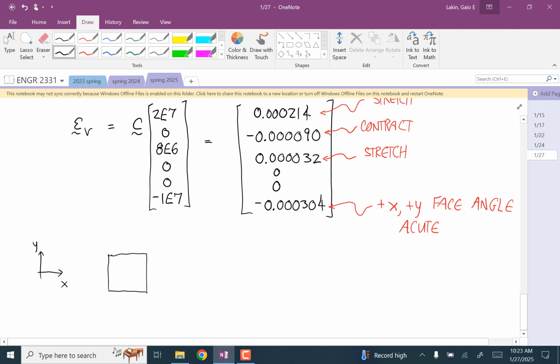So we're not going to see that Z stretch, but it's getting longer this way, and shorter this way. The positive X and positive Y faces meet at an angle over here. That's getting acute. And so we have a shape like this. It gets longer along X, shorter along Y, though I didn't really make it shorter along Y.